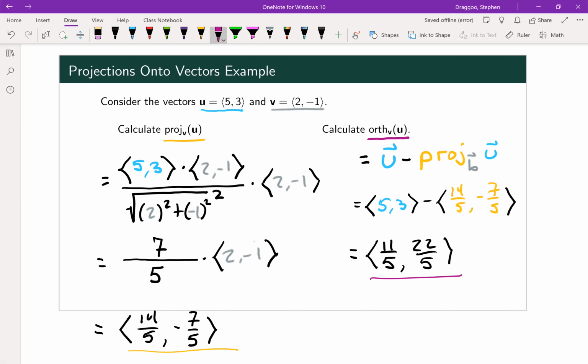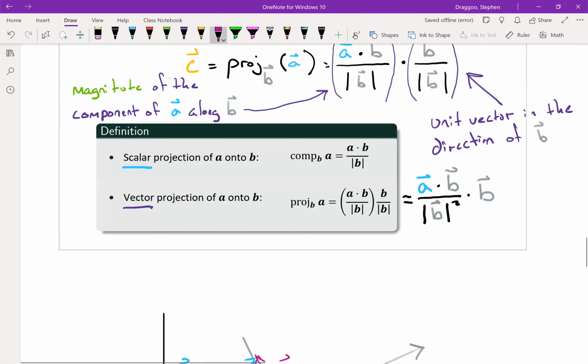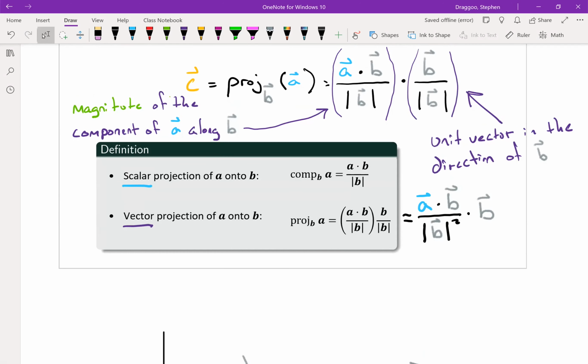So one thing that should be noted about these projections is that they are not reversible. So for example, the projection of A onto B, when we write the projection, we write the vector that we want to be going in the direction of as the subscript, and then the vector that we're actually projecting down below is the one that goes into the projection notation.